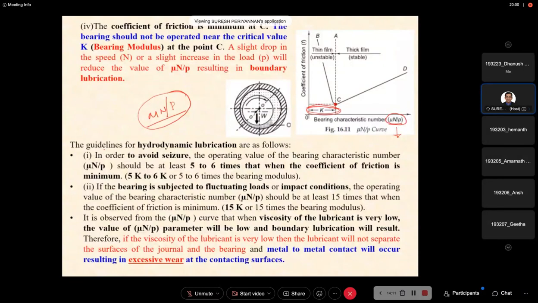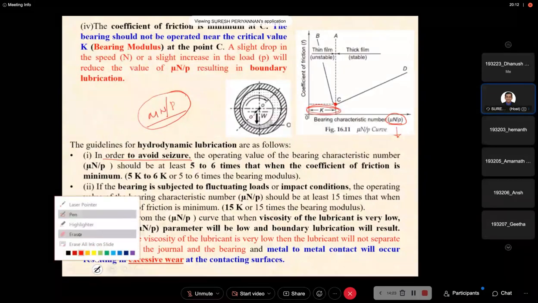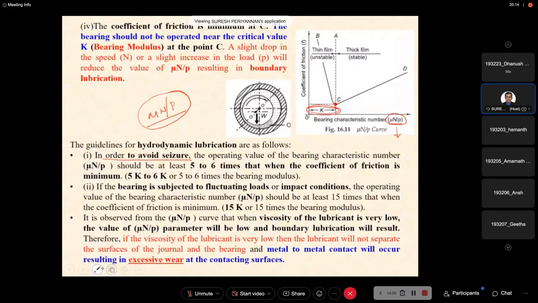See here, in order to avoid seizure, the operating value of the bearing characteristic number mu n by p should be at least 5. At least 5. They have studied this well. They are telling at least 5 to 6 times the value at which the coefficient of friction is minimum. That means 5 or 6 times the bearing modulus should be followed for our bearing design.